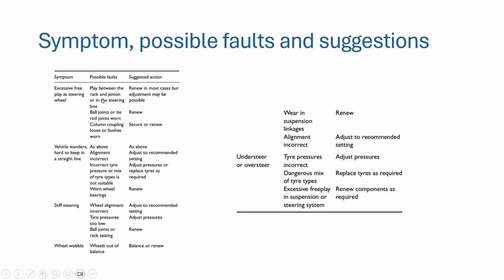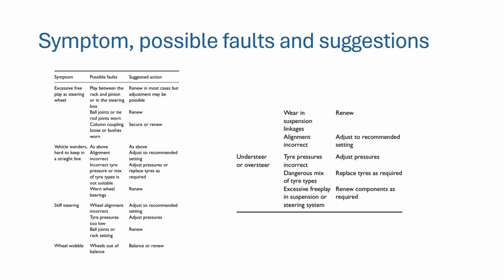The play between the rack and pinion or the steering box is the problem. The ball joints or tie rod joints are worn out, that could be the problem. And the column coupling loose or bushes worn out, that could be a problem. So these are the possible problems when you have excess free play at the steering wheel.